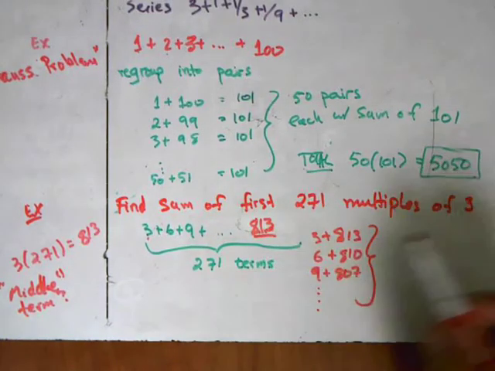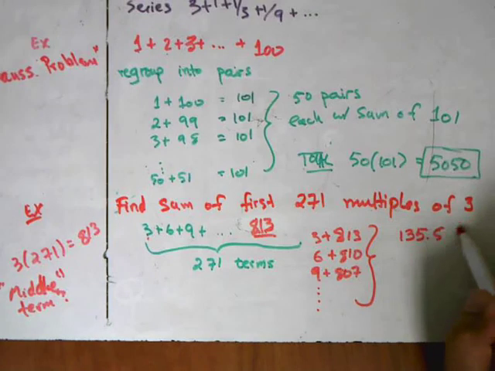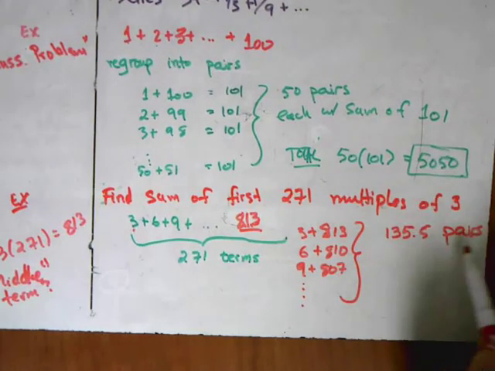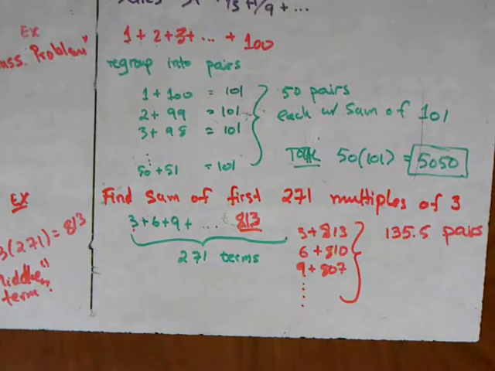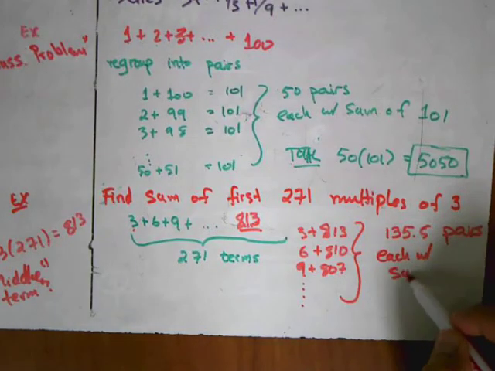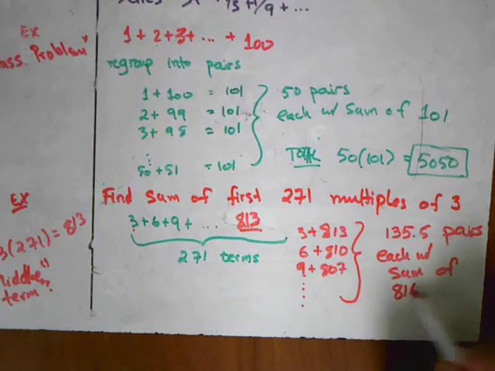But when we do this, we're going to have 135 and a half pairs. Usually when we talk about integers, halves are problems. But here we're talking about pairs, so half of a pair is just one number. Each pair has a sum of 816.